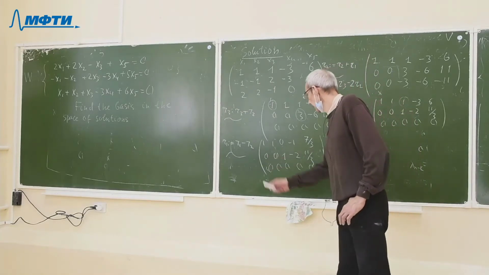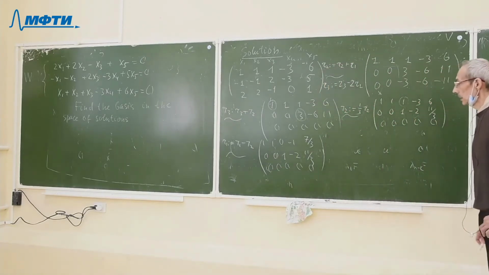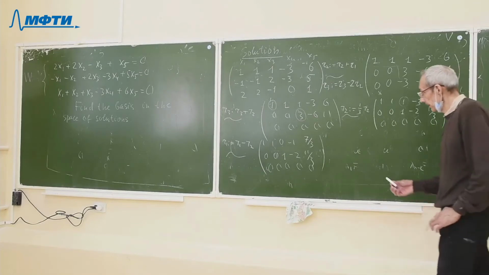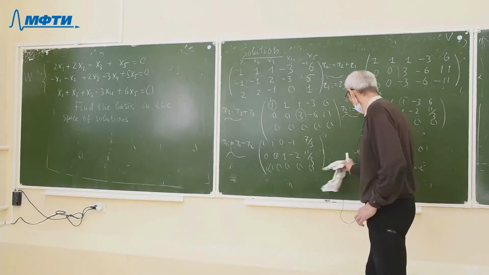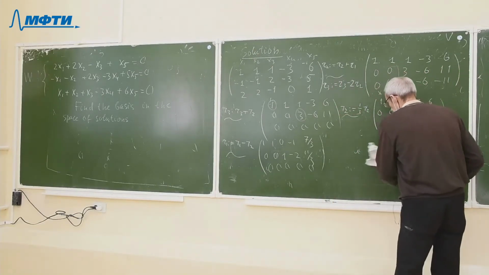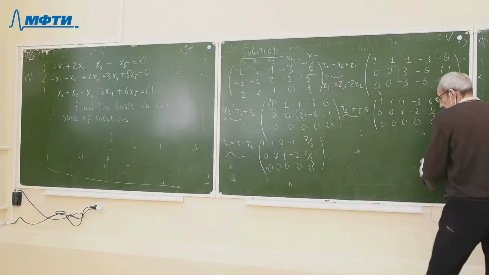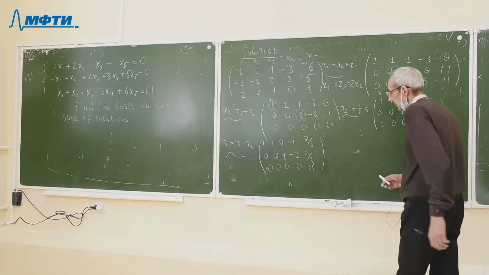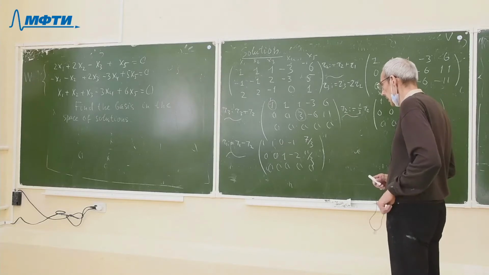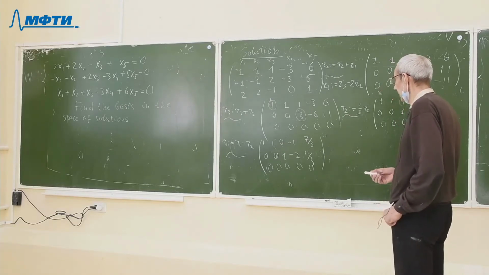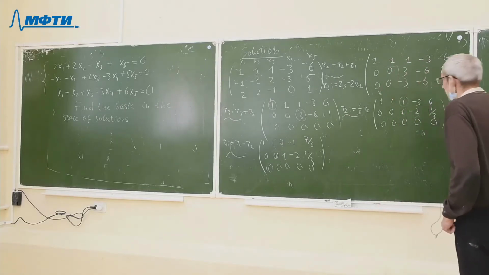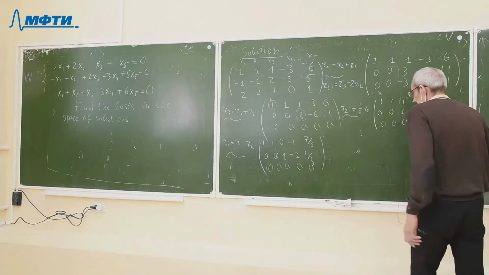And I obtain the simplest reduced echelon form for our matrix, which is equivalent to our linear system. And I can write the solution.